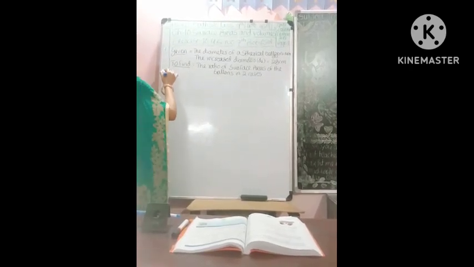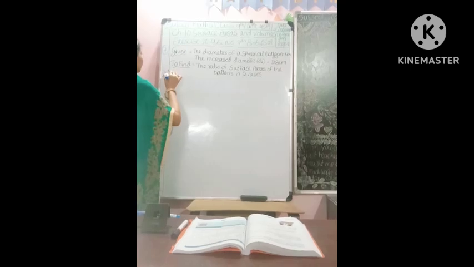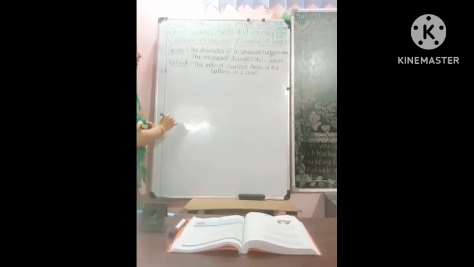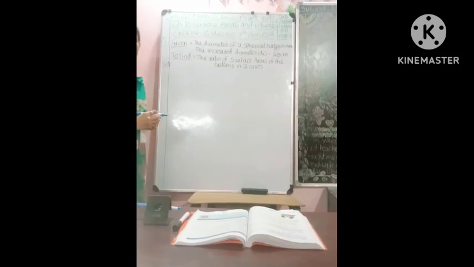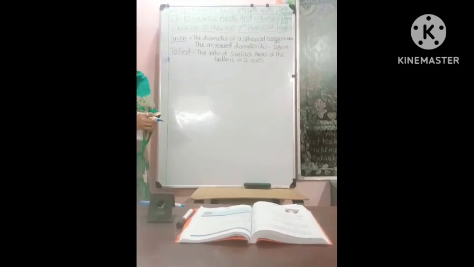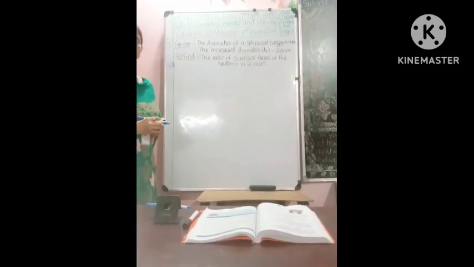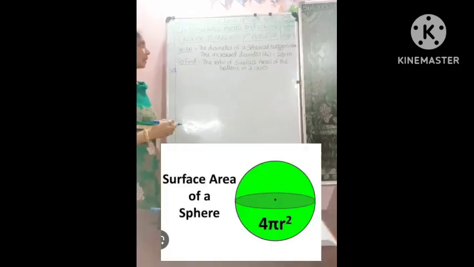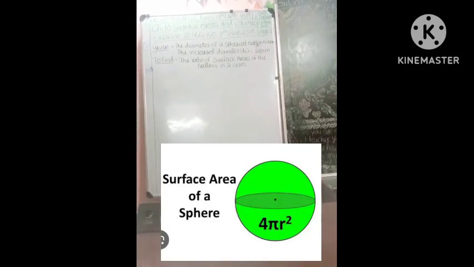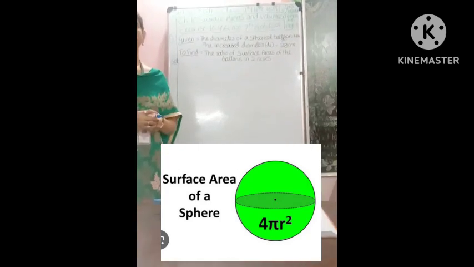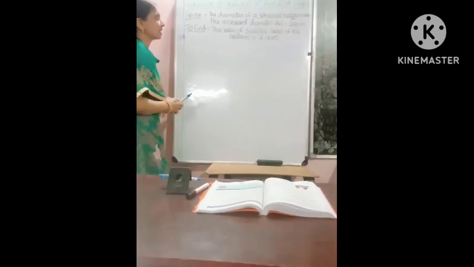How to calculate it? Your first diameter is given. How will you do this problem? What's the surface area of the sphere formula, Gagan, say? Diameter is given.